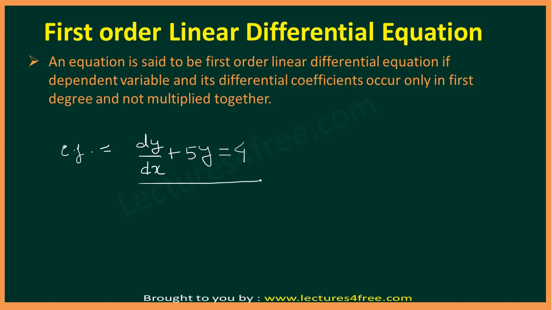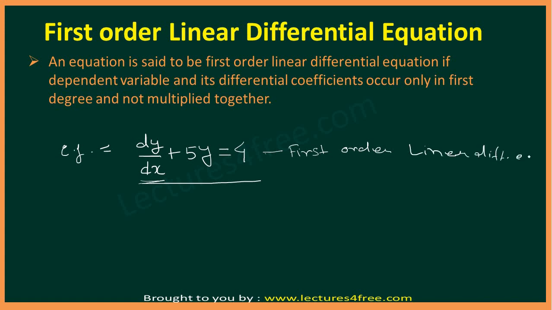This is an example of a linear differential equation because, as you can see, the highest order of this equation is order 1, that is dy by dx, and its power is also 1, meaning its degree is also 1. So it's a first order linear differential equation.